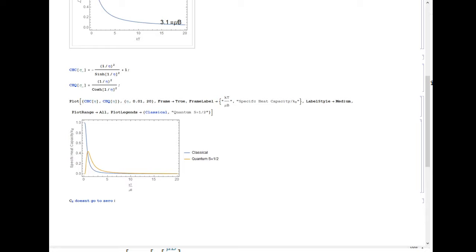But our classical result, we end up with this blue line here as a function of KT on mu B. And so I just wanted to compare this to our quantum result, which was this orange line. And there's something interesting to notice. In the classical result, the heat capacity doesn't actually go to 0. And we know from the third law that the heat capacity should go to 0 as temperature goes to 0. And so that's a little bit of a failing as well of this model compared to the quantum result.